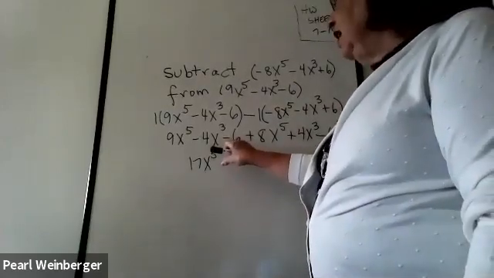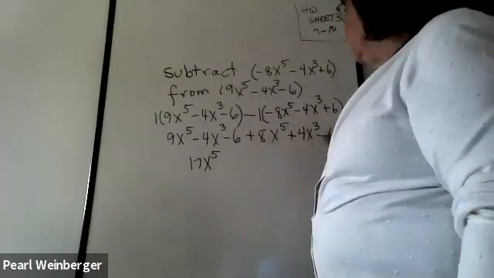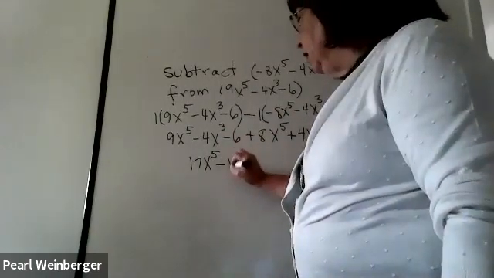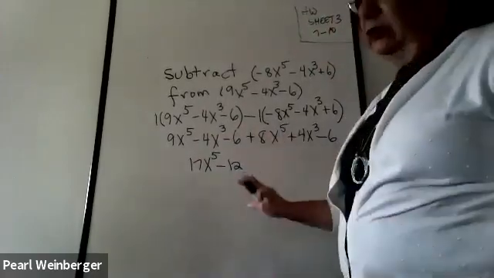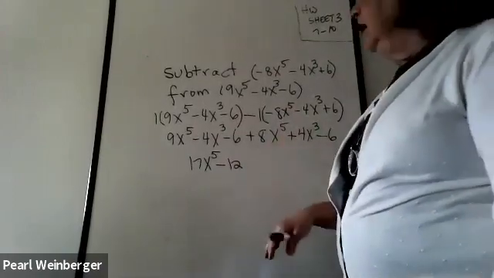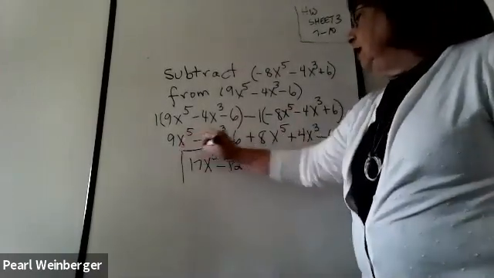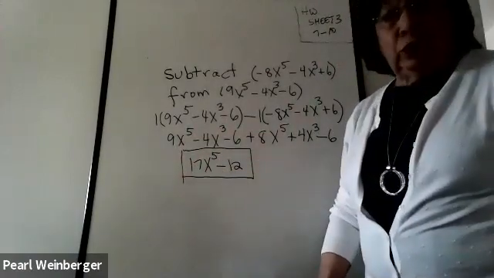And finally, I have a negative 6 and another negative 6. Negative 6 plus negative 6 is minus 12. Remember, this was a negative and a positive, so it canceled out. But two negatives, you combine and add them, and you get negative 12. Your answer came out to 17x to the 5th minus 12.